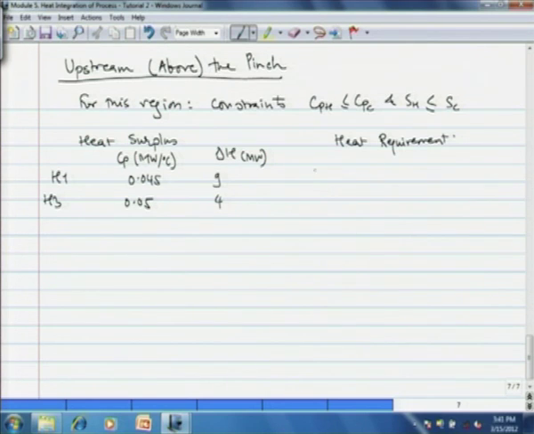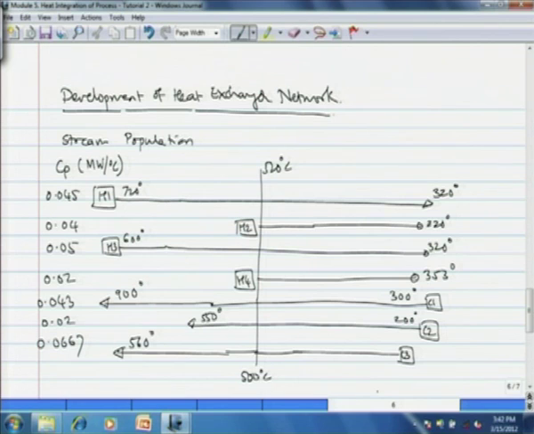The heat requirement C1 has a heat capacity of 0.043 and it is going from 300 to 500.